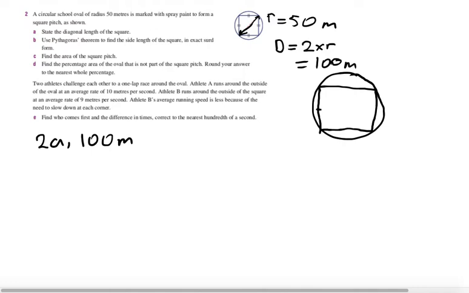So we know this is a square, so all these sides are the same length. We know that this length here is 100. Lovely. So the question is, use Pythagoras' theorem to find the side length of the square in exact surd form. So the side length of the square is going to be either of these two sides here.